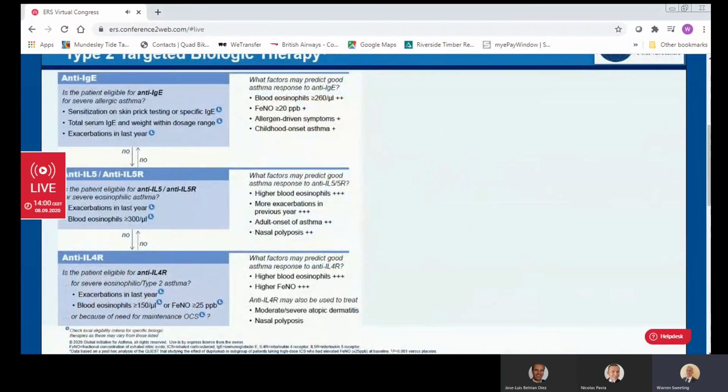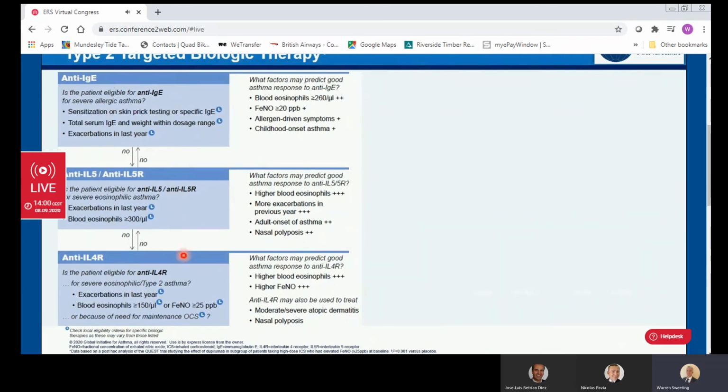And as you can see from the slide here on the left, the different biologic drugs that are now available in the clinic are associated with different biomarker responses.